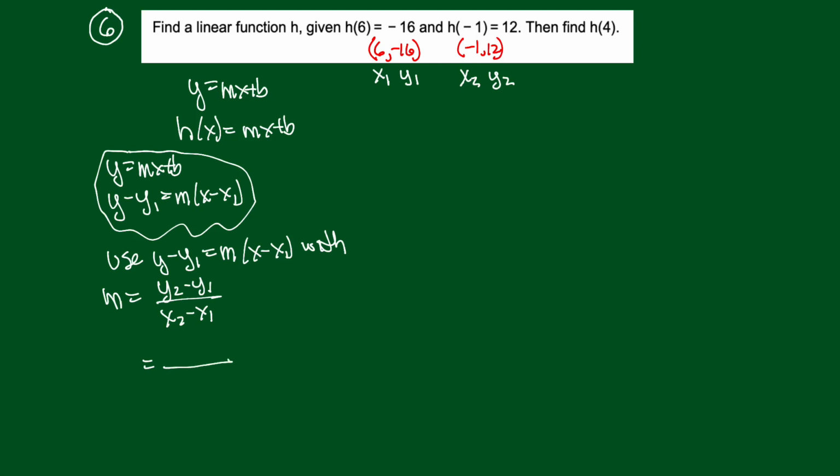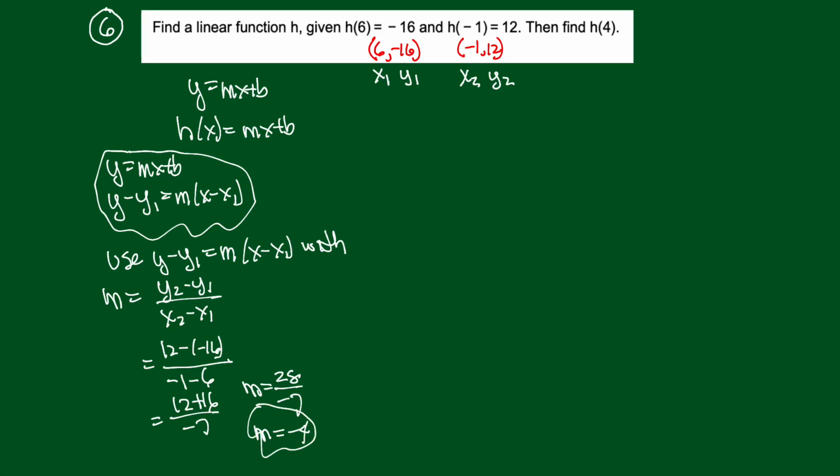So second y minus first y: the second y is 12 minus the first y, so 12 minus -16, over the second x, which is -1, minus the first x, 6. So this is -1 minus 6. So we get 12 plus 16 all over -7. So the slope is 28 over -7? Oh, nice. This happens to be -4.